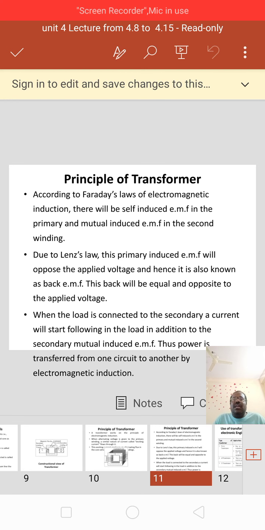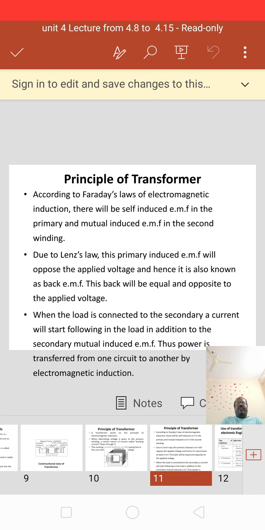Due to Lenz's law, this primary induced EMF will oppose the applied voltage and hence it is also known as back EMF. This EMF will be equal and opposite to the applied voltage. When the load is connected to the secondary, a current will start flowing in the load in addition to the secondary mutual induced EMF. Thus, power is transferred from one circuit to another by electromagnetic induction.